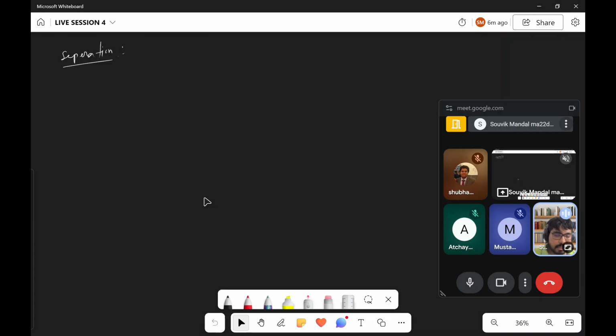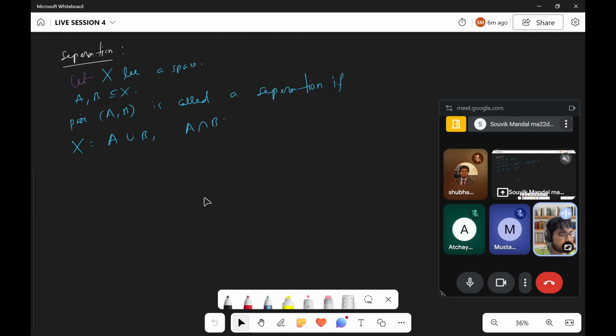So the definition goes as follows: let X be a space and A, B be subsets of X. Then the pair AB is called a separation if X equals A union B, A and B are disjoint, and A and B are both open.